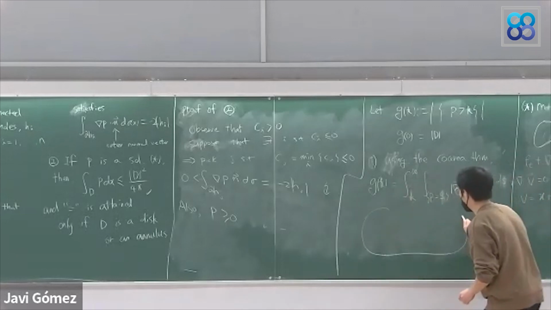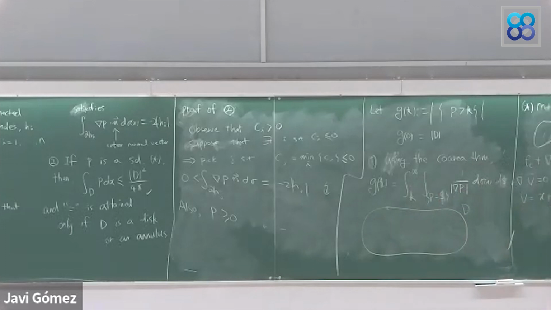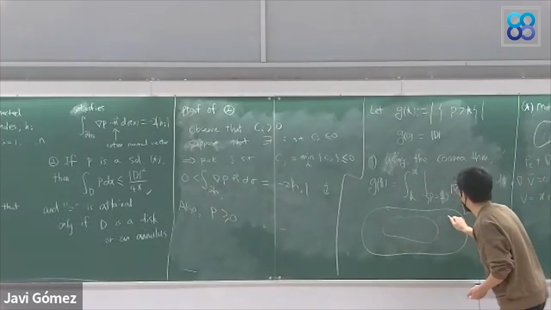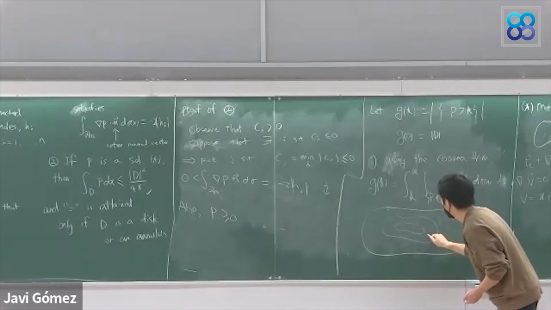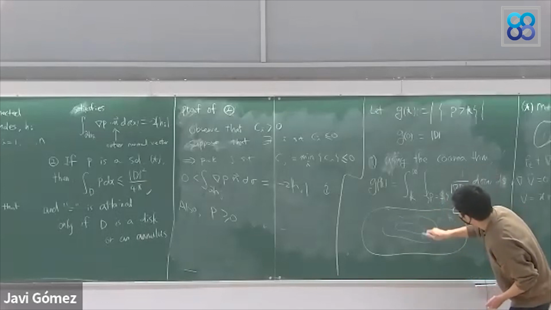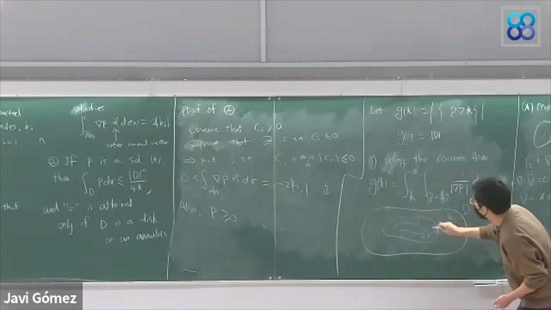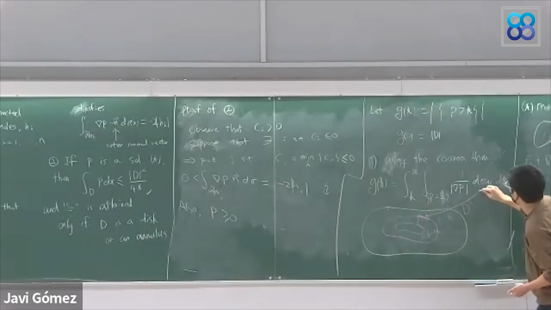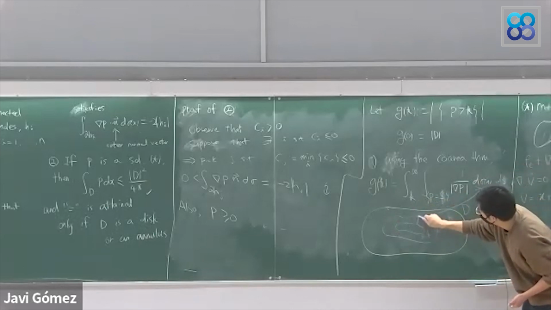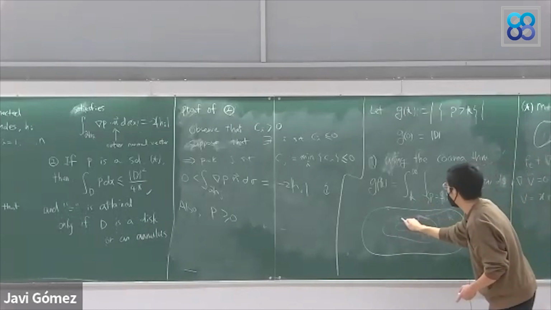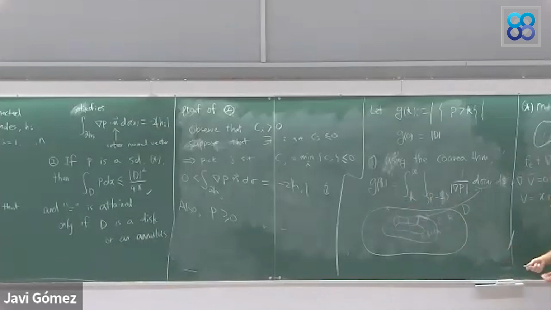imagine that you have a patch here, and let's suppose this is a level set corresponding to P equal to K, and we have a smaller level set corresponding to P equal to K plus dK. Then we want to find the area of this domain, but when you look at the infinitesimal here, this length corresponds to the surface measure, and this length is exactly 1 over gradient P. And then we sum every infinitesimal box, then we get the area of the superlevel set.